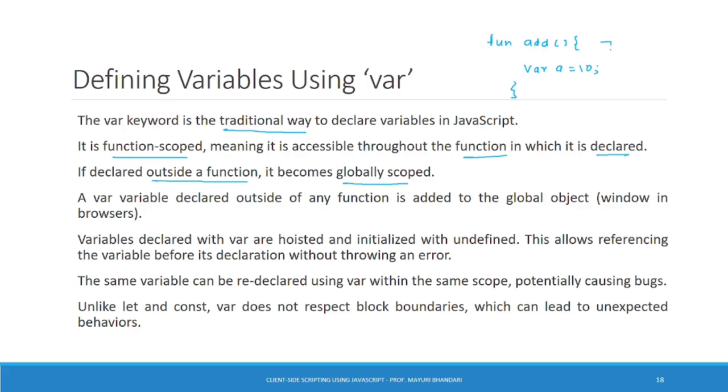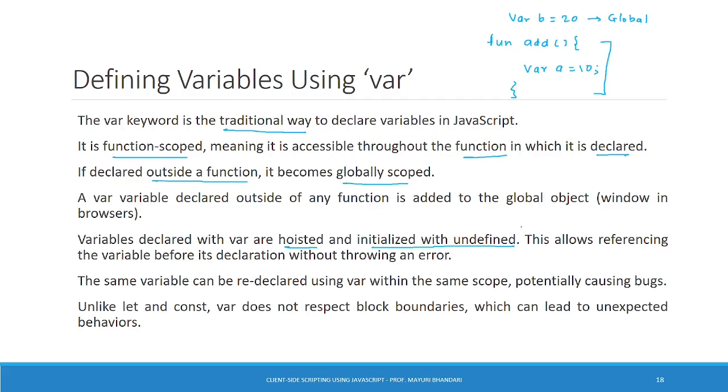The scope is restricted within this function. But if I define some variable outside the function, this becomes global. Variables declared with var are hoisted and initialized with undefined.